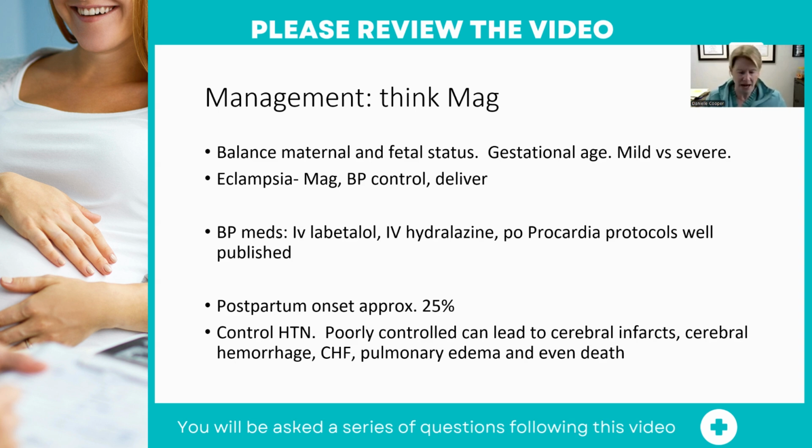The treatment is not MAG, the treatment is delivery. If I get her delivered, technically she should get better. However, especially with our eclamptic patients or severe preeclampsia, many times it's about 72 hours before they'll start getting better. But you've got to control her blood pressures. You don't want her to have a stroke or a hemorrhage anywhere.